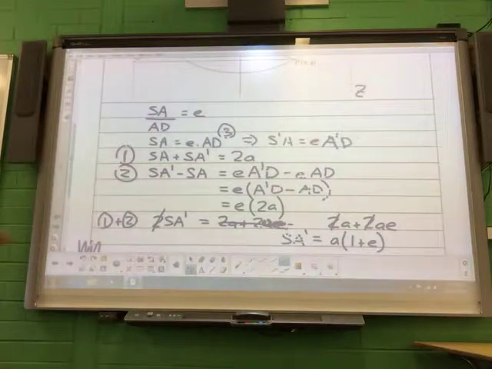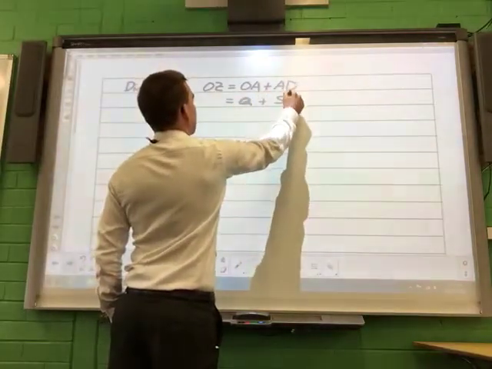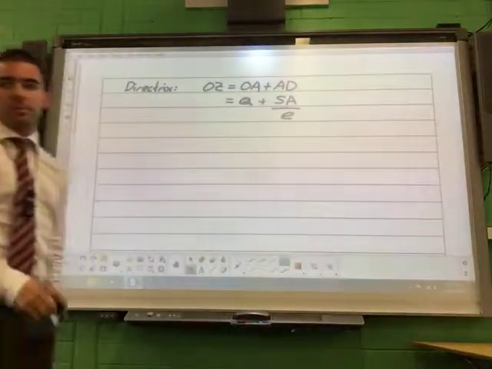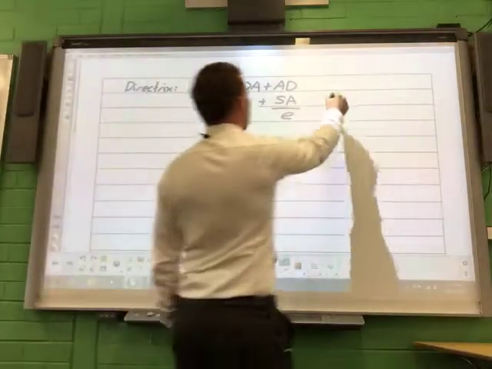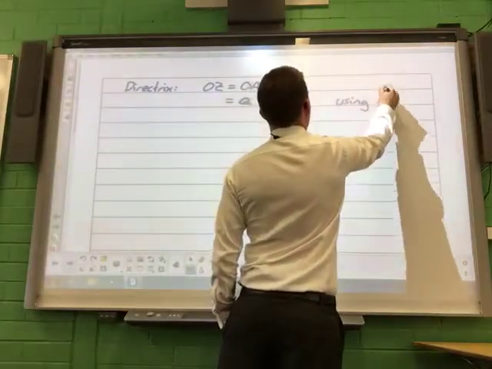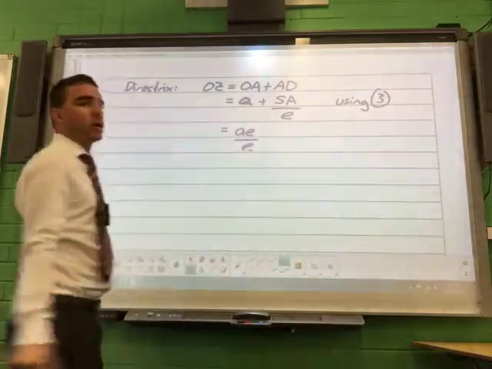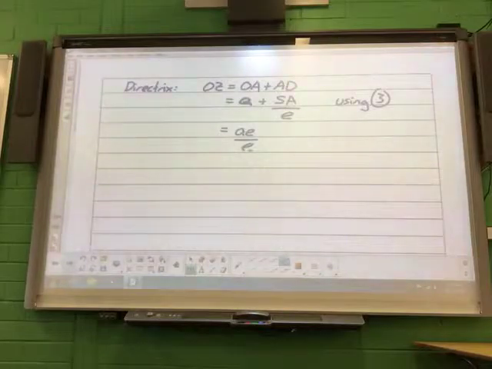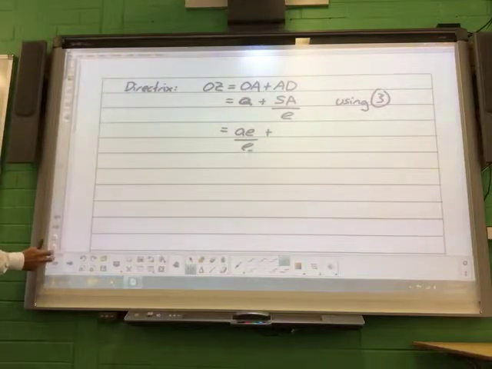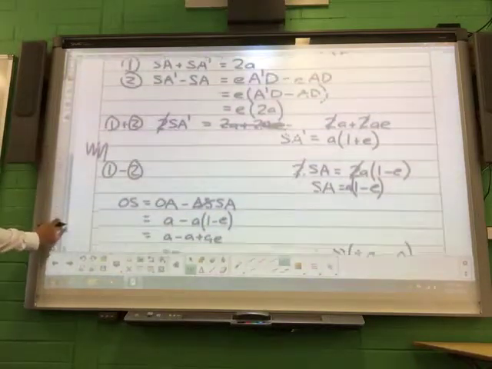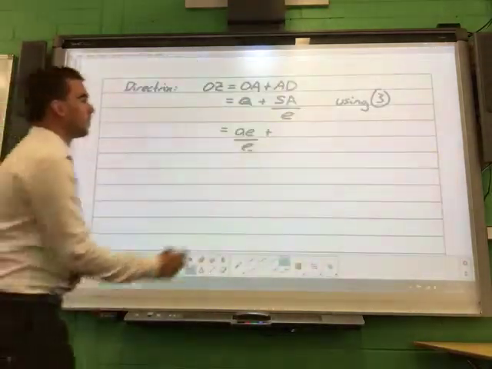Okay, so SA over E, using 3. Right, so AE over E, because I'm going to get the common denominator for that expression here. And then SA, what we've established on the other side, SA is that.